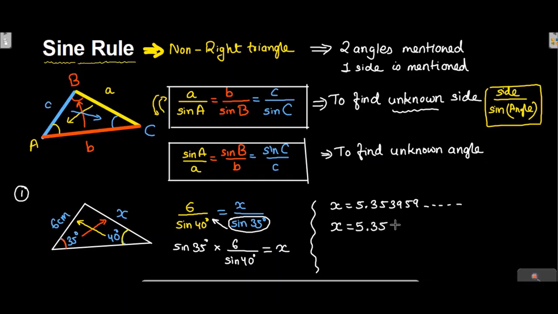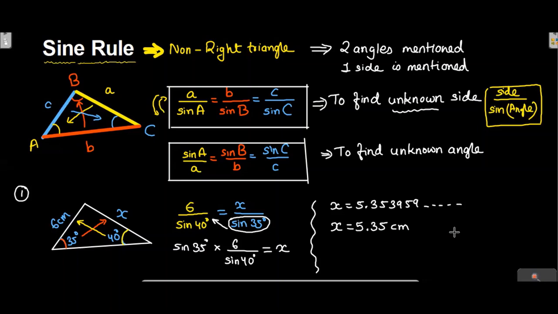It is a side, so we need to write the proper unit, that is 5.35 centimeter. It is very important to mention this step because it clearly says these are the values you got in your calculator and you have rounded off the value. Even if there is a one-number error, the examiner will understand that you have done the calculation correctly and only the calculator is at fault, not you. So let's avoid those mistakes and be more specific in giving the answer.